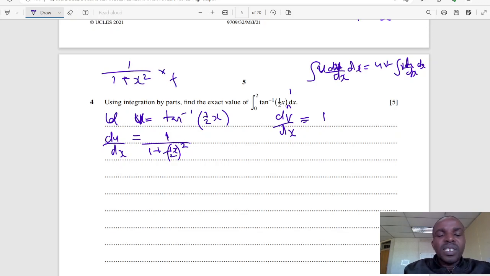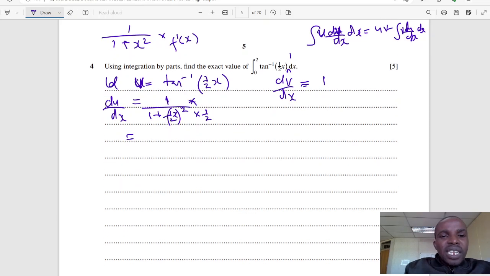The derivative here will be half. Then it will be 1 over, then 1 plus, put inside the brackets, x squared over 4, times 1 half.